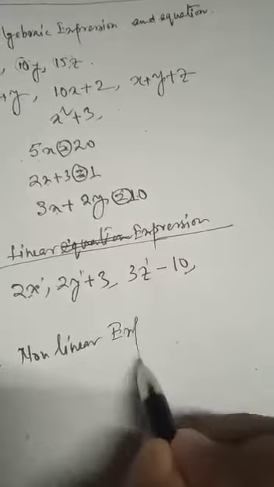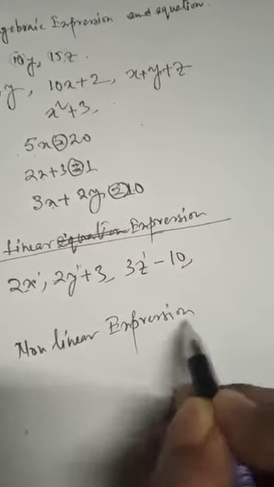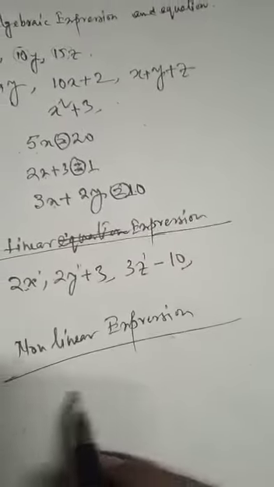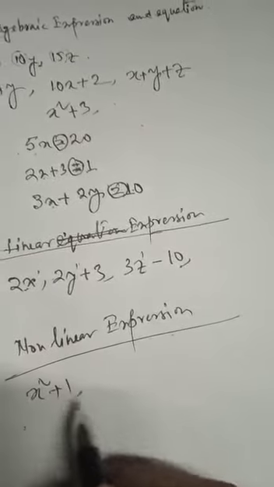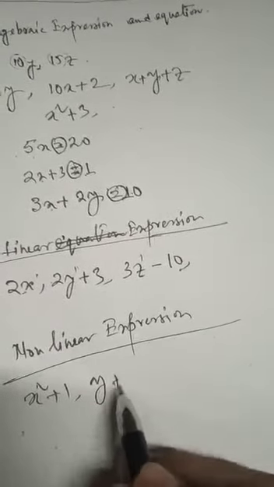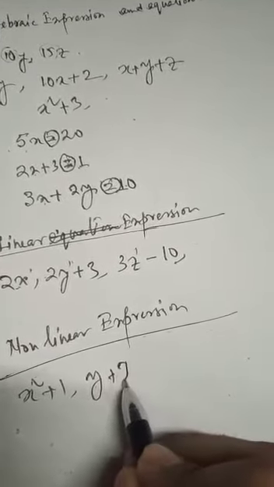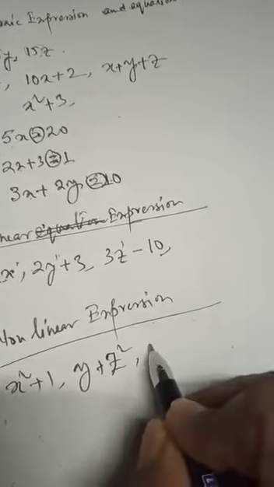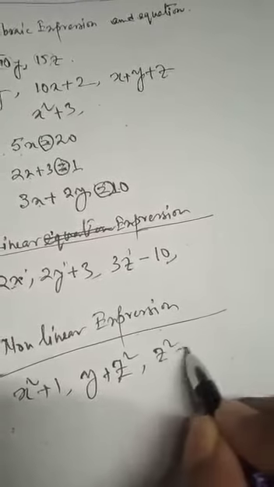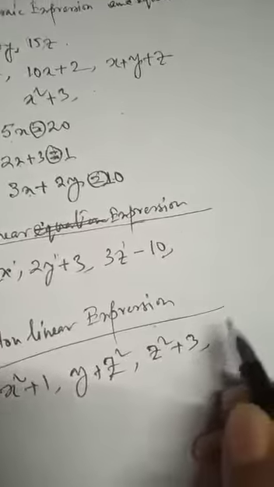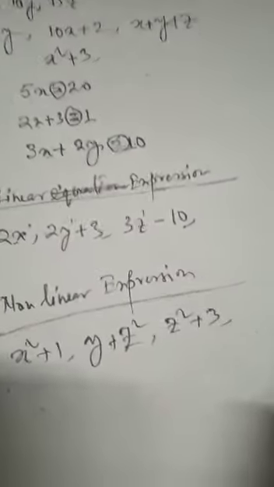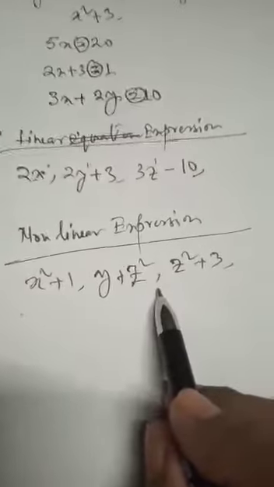When we write x square plus 1, y plus z square, z square plus 3, like this, then we say non-linear expressions.